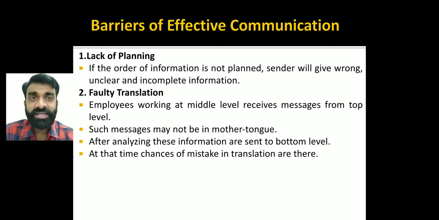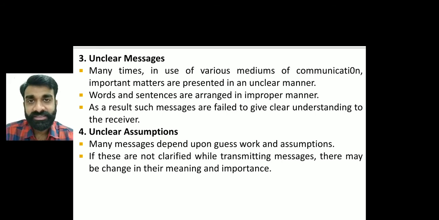Getting my point, right? Third, unclear messages. Many times, with the selection of a medium, the message becomes unclear because words and sentences are not arranged in a proper way. This third point we can connect with the first one. When lack of planning is there, obviously the arrangement of sentences and words will not be there.